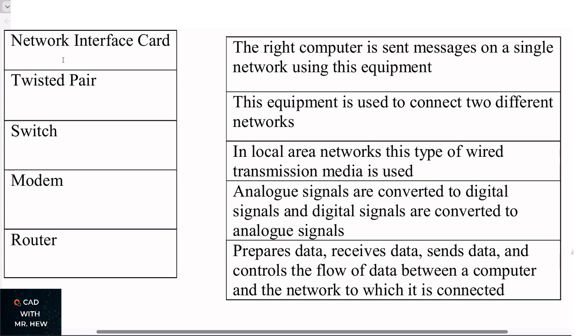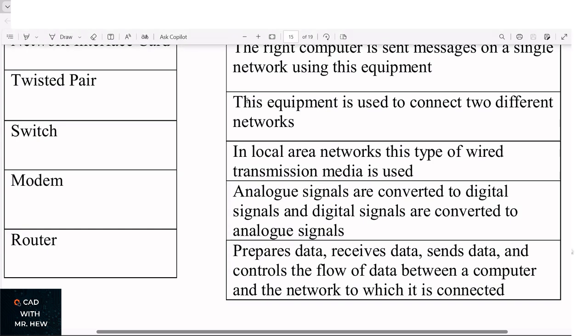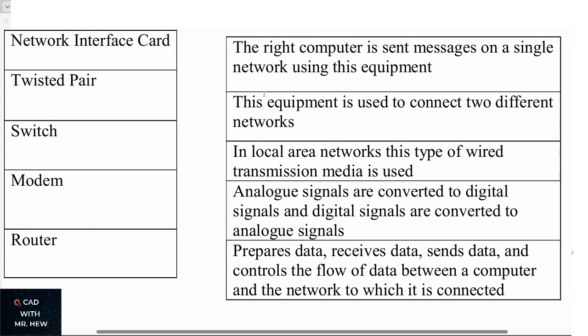The items in the table on the left are network interface card, twisted pair, switch, modem, and router. And the definitions in the table on the right are: the right computer sends messages in a single network using this equipment. Then the next definition: this equipment is used to connect 2 different networks.